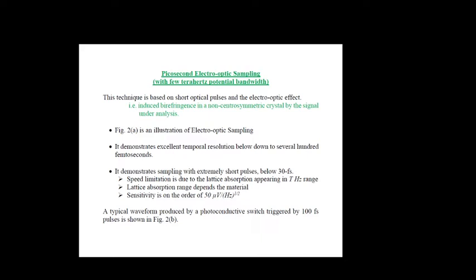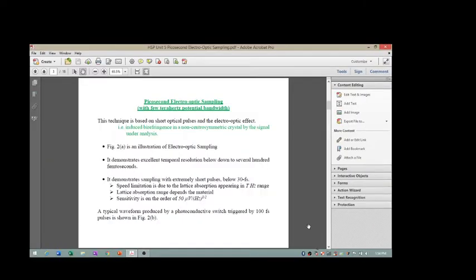The electro-optic sampling technique is very useful for sampling in the induced birefringence of a non-centrosymmetric crystal for signal propagation studies. Figure 1b exhibits the general explanation of the technique.